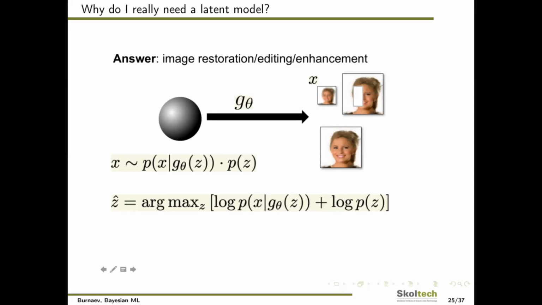As usual we take the logarithm, so now we have not a product but a sum. We maximize with respect to this density and get this Z hat, which corresponds to X. So now our X hat, the most probable X hat, is a decoder applied to Z hat.